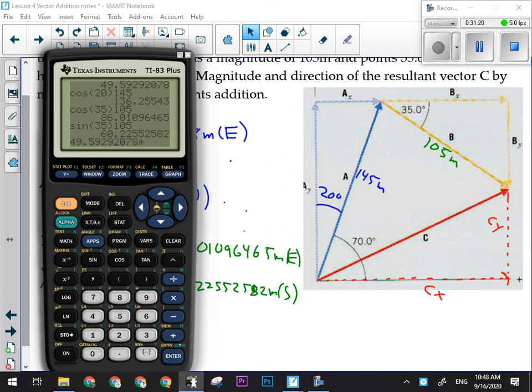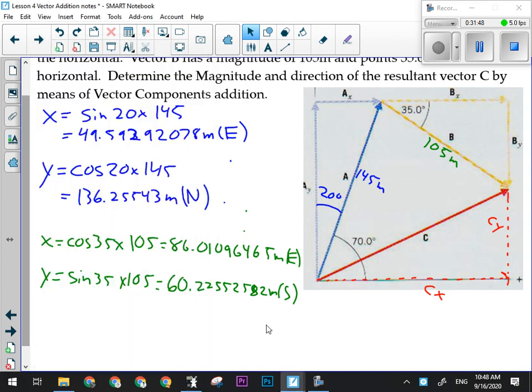Plus the 86.0106465. All right, so in total, we go 135 meters east, okay? And I'm going to keep all those decimals as well. So 135.603.